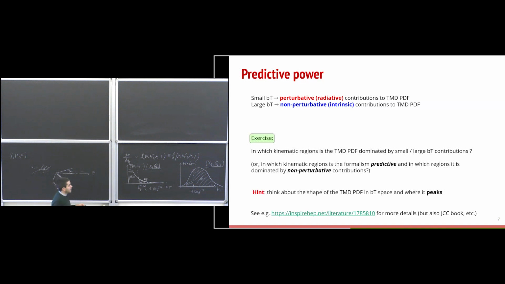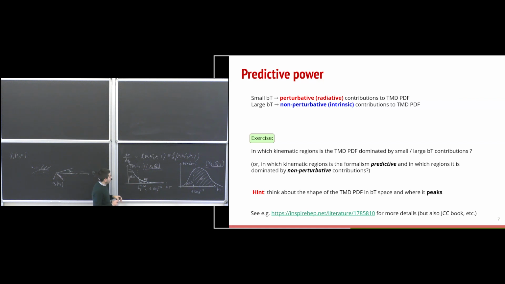So this is the exercise. In which kinematic region is the TMD PDF dominated by small or large BT contributions? Or in which kinematic region is the formalism predictive, namely driven by perturbative QCD, and in which region is it non-predictive because it's driven by the non-perturbative contributions? So what we can use is the so-called Laplace method or saddle point approximation, which tells you that the TMD distributions in momentum space are related to the integral of this curve.